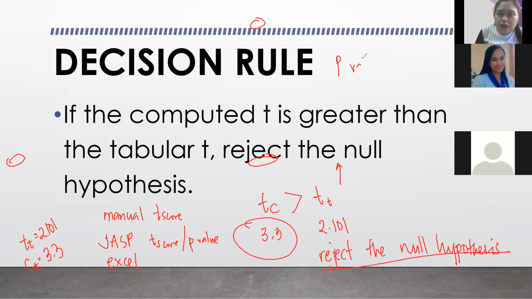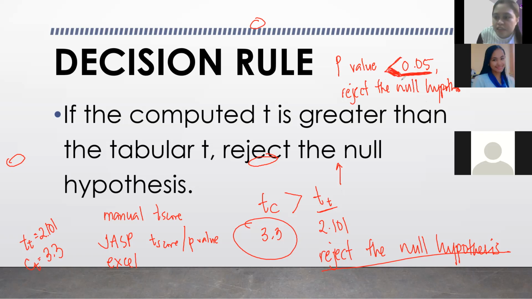Pero kung p-value ang gagamitin, if the p-value is less than 0.05, that's the time you reject the null hypothesis. Okay? Meron tayong exact value here, constant, 0.05. Ito, 0.05 talaga, that's our level of significance. If the p-value is less than 0.05, that's the time you reject the null hypothesis.